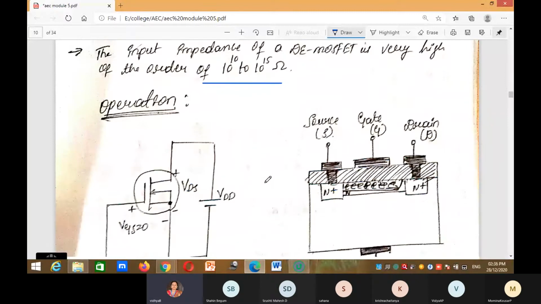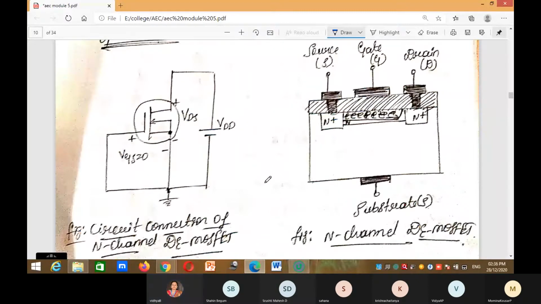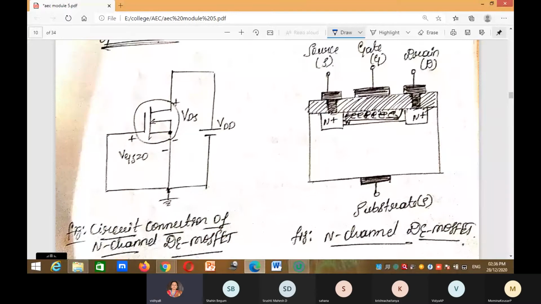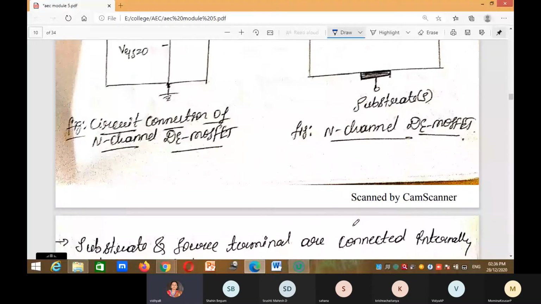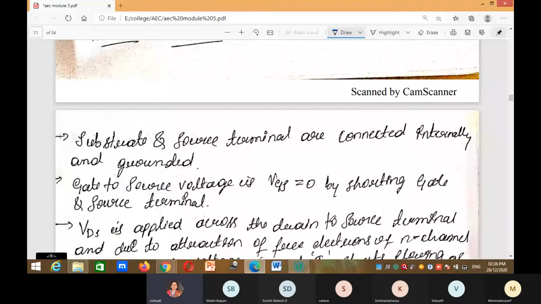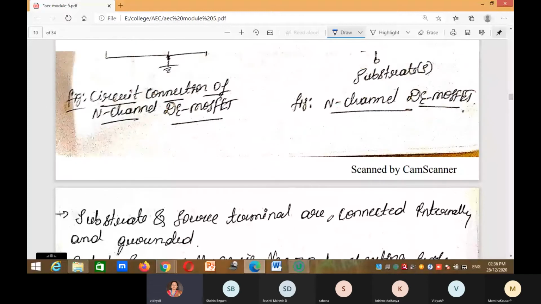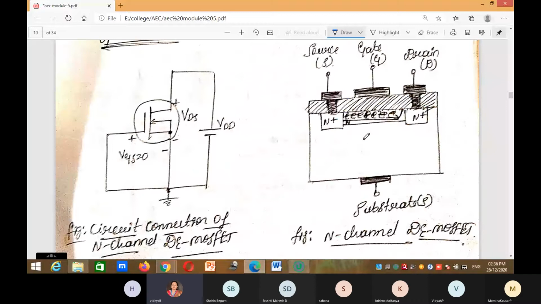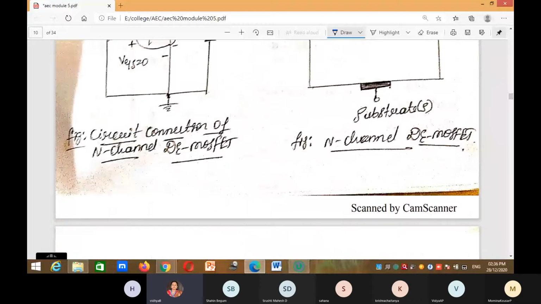Next, we shall go for the operation. This is the circuit connection of the N-channel D MOSFET. Substrate and source terminal are connected internally and grounded. You can observe in the figure, they are connected internally and grounded.